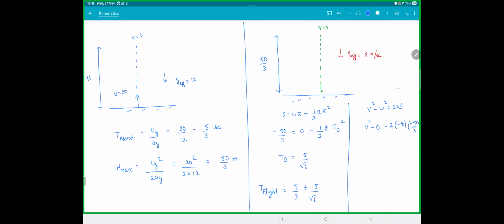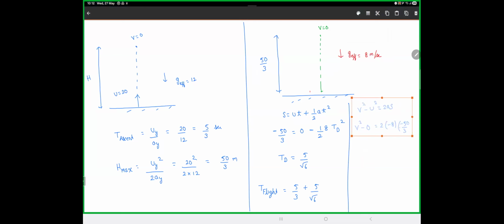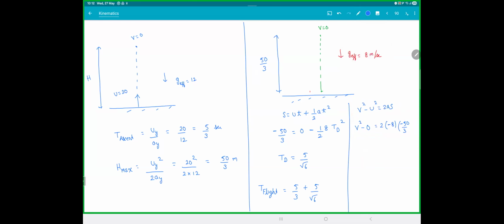Yeah, that's not 20. That's definitely not 20. So V square would be, how much is that? 800 by 3.